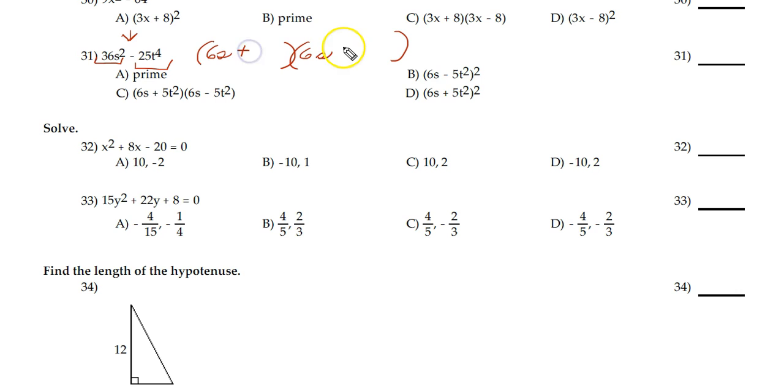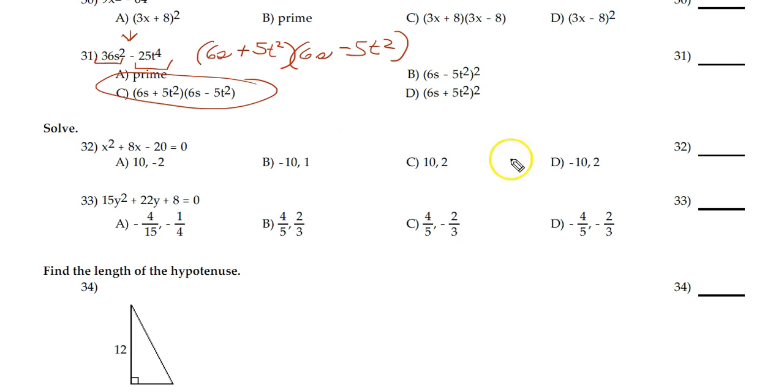One will be plus, one will be minus 5. And then that's going to be t squared. We have factored them into their conjugates, and that is letter C.